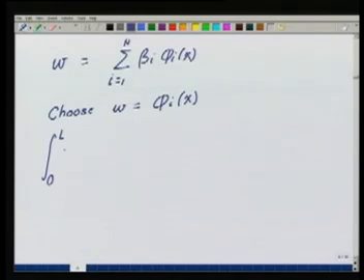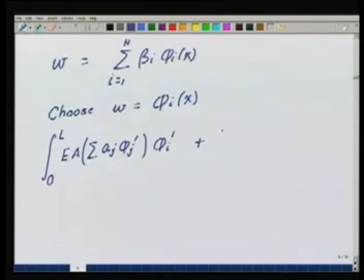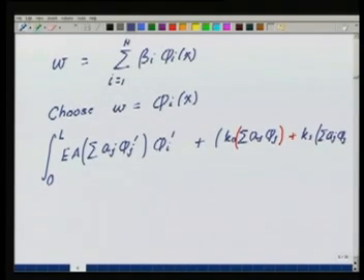So I will get here EA sigma a_j phi_j prime into phi_i prime, plus I will get k0, okay, into sigma a_j phi_j, plus k1 into sigma a_j phi_j whole cubed, whole thing multiplied by phi_i, integrate the whole thing dx.